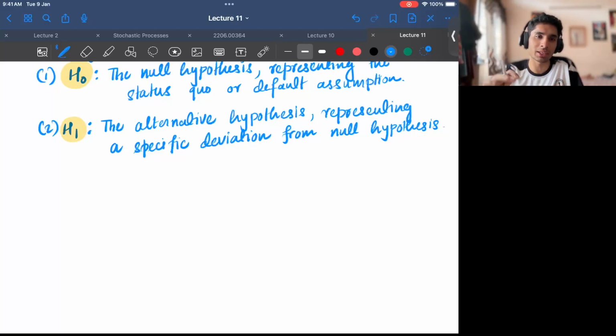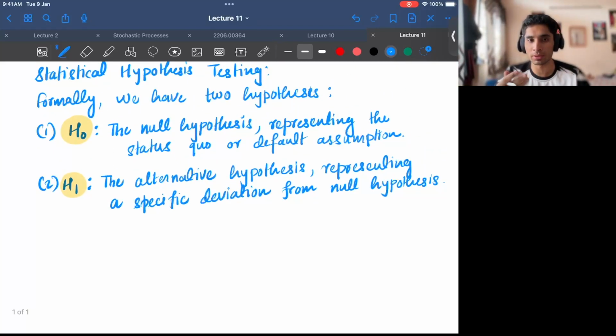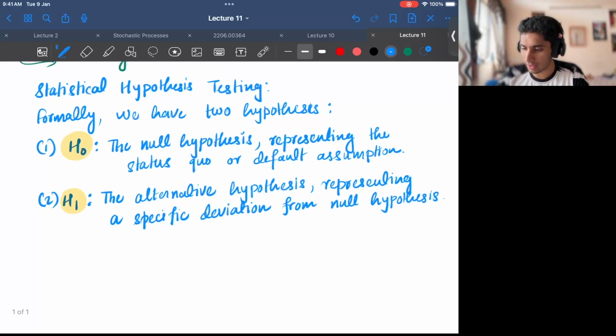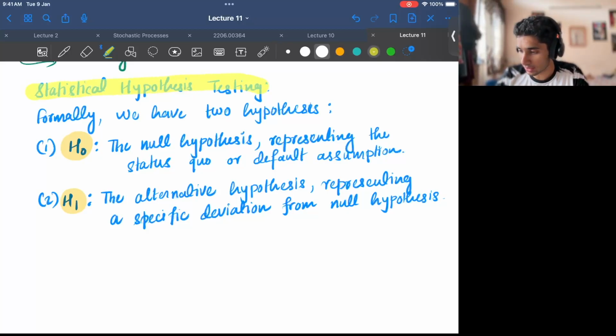Okay, in some sense, I'm just giving you a very crude explanation here, but I hope the message is clear, right? So in the statistical hypothesis testing framework that we are going to consider, these are the two hypotheses that we will be working with, right? So you will have a null hypothesis and an alternative hypothesis.